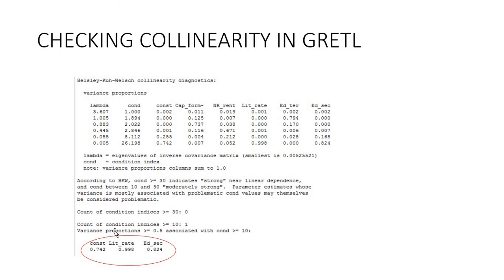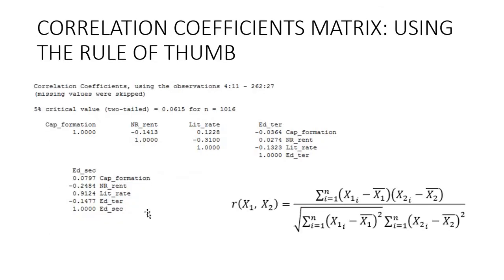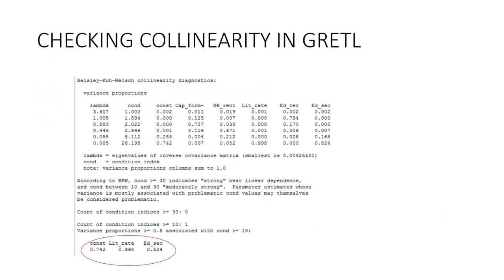We can see that actually there is some collinearity in the case of those two variables, literacy rate and secondary education. And again, if we go to the previous slide, when we analyzed correlation coefficients, you can see that those two variables had the highest correlation coefficient.